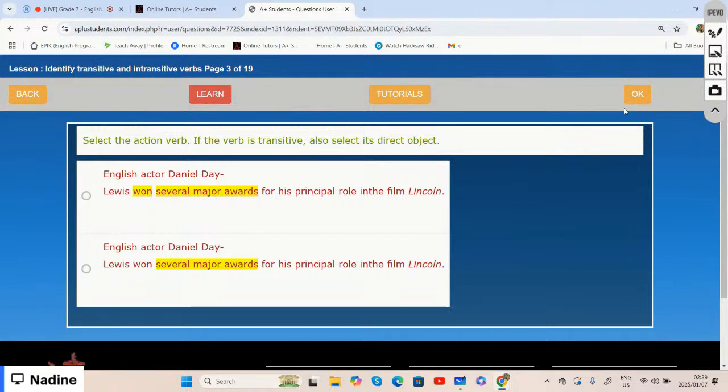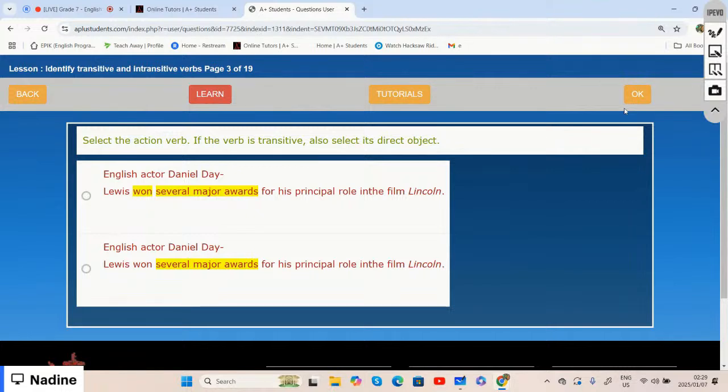All right, the next one says we need to select the verb that is transitive and also the direct object. It says English actor Daniel Day Lewis won several major awards for the principal role in the film Lincoln.